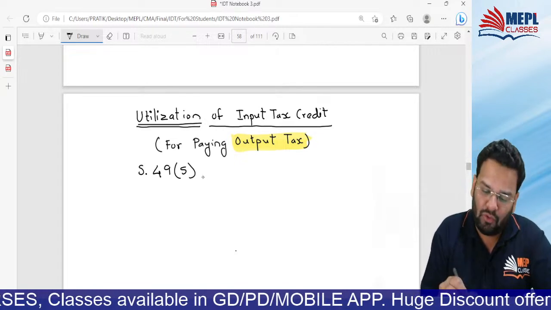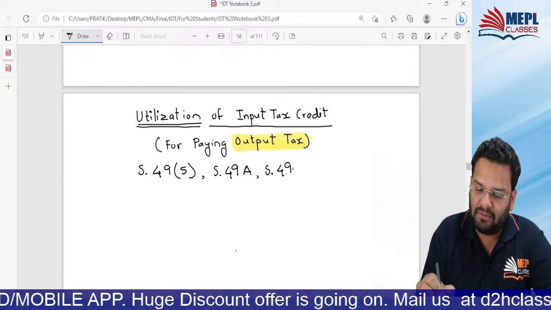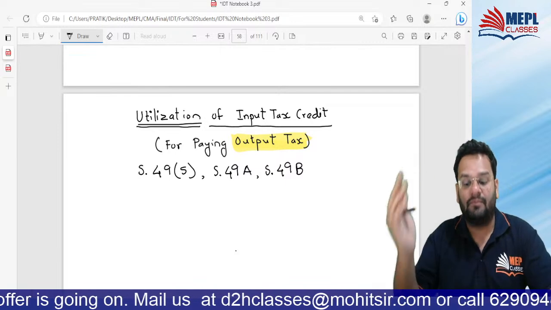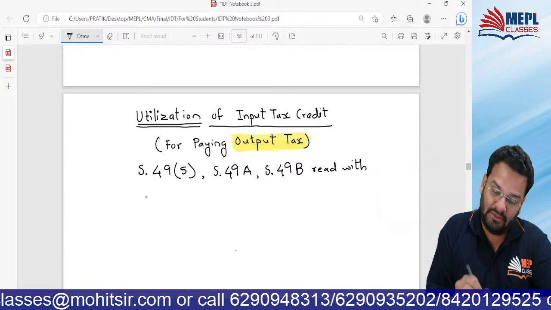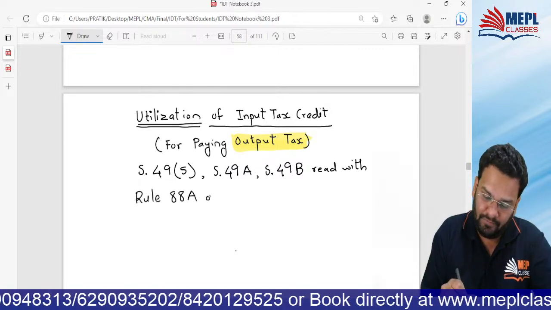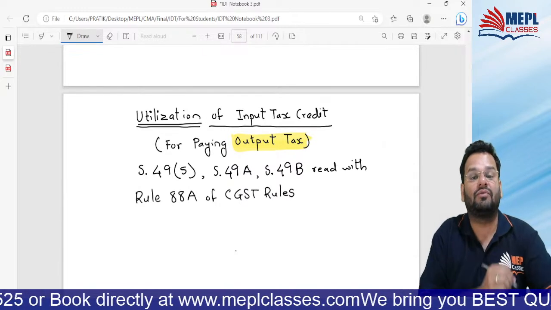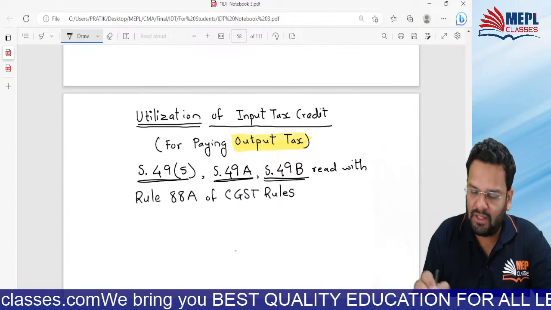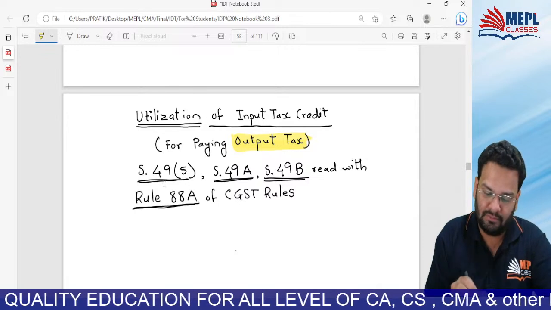Not only 49.5, but 49A, 49B, read with rule 88A of the CGST Rules.